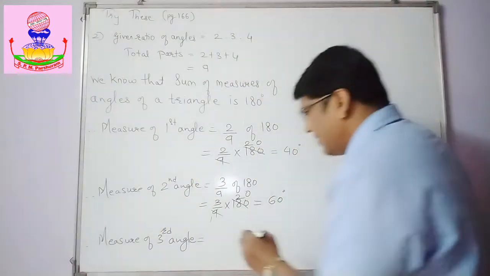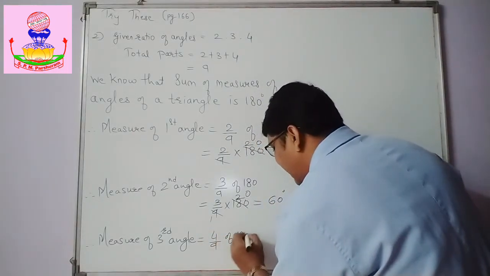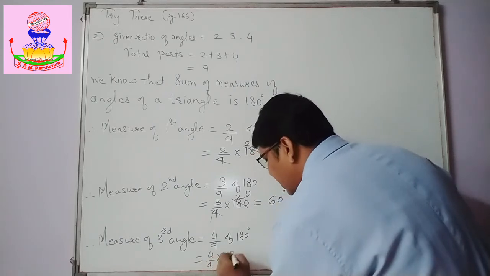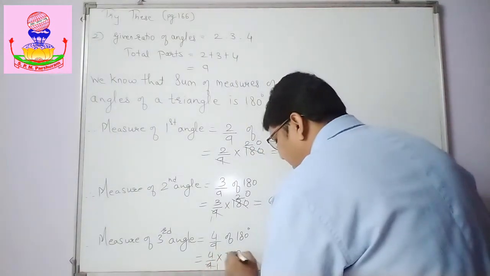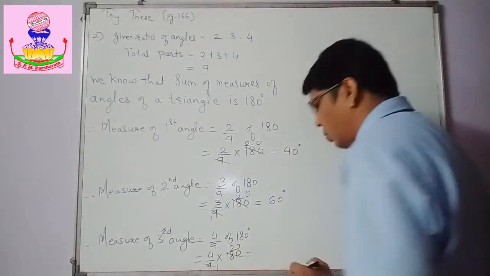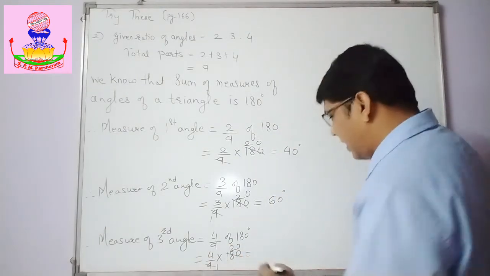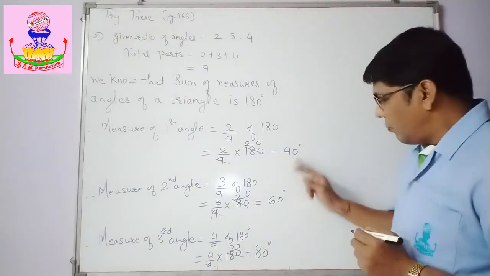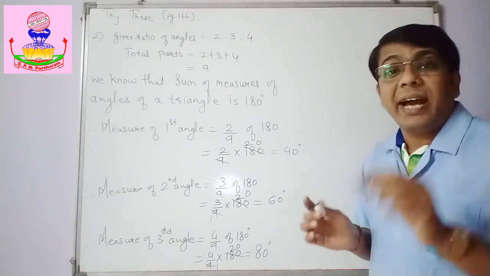It is 4, right? So 4 upon 9 of 180 degrees. So 4 upon 9 of means multiplication into 180. Okay? So 9 ones are 9, 9 twos are 18, 9 zeros 0. 20 into 4, 20 fours are 80. Now see the sum. 40 plus 60 is 100. 100 plus 80 is 180.